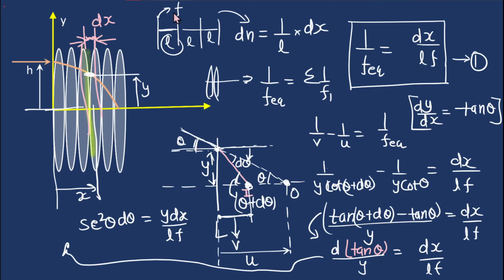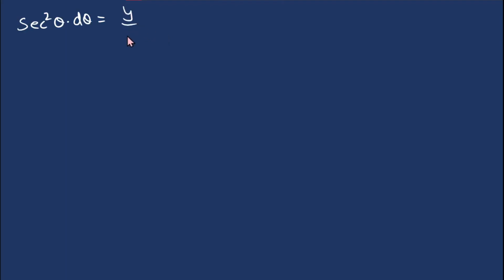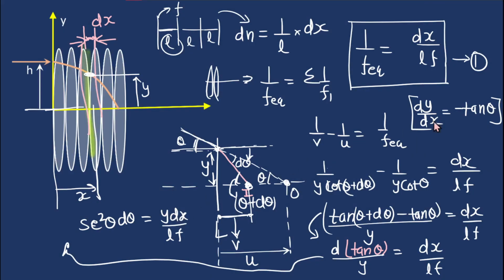What we got was sec square theta d theta equal to what was in the right hand side, y by LF into dx. Here dx can be replaced from here, that can be replaced as dy by minus tan theta.